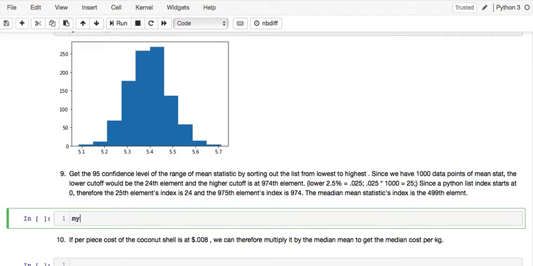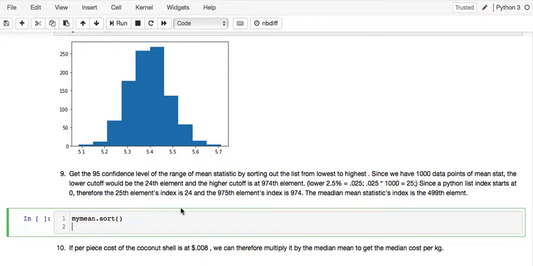So my mean, let's sort. Okay, it's already done. Next, since we have 1000 data points of mean statistics, the lower cutoff would be the 25th element and the higher cutoff is the 975th element. So that is 2.5%, or the probability of 0.025, at the 25th element.